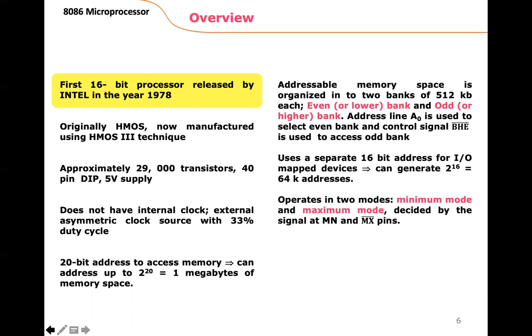Just guess how many. The 8086 microprocessor has 29,000 transistors. The Pentium 1 has 3.1 million transistors. 3.1 million transistors in a small processor, a small chip. Oh my God.